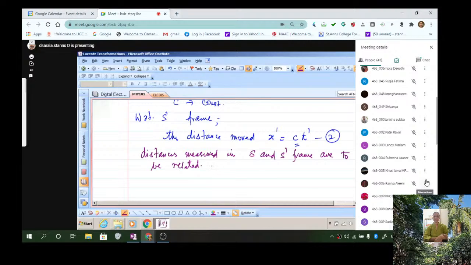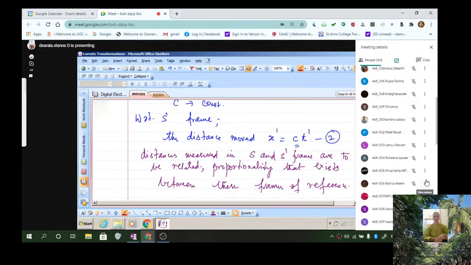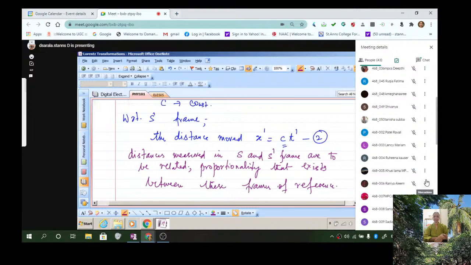That means there is some proportionality that exists between these frames of reference. Okay, what is that proportionality constant that we are talking about?